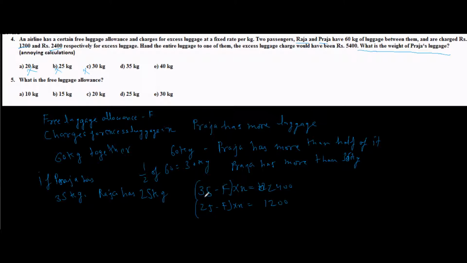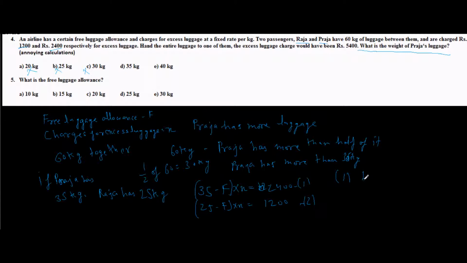Once again I repeat, this is nothing but the total charge for excess luggage. Since the free luggage allowance is f, the extra luggage will be 35 minus f, and the charge for extra luggage per kg is x. So the total charge for extra luggage will be 35 minus f into x. Similarly, 25 minus f into x. Now let me call these equations 1 and 2.